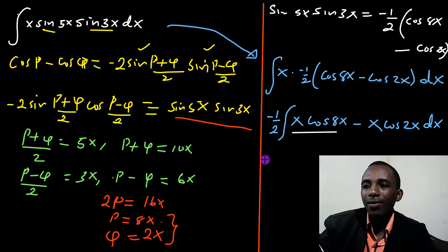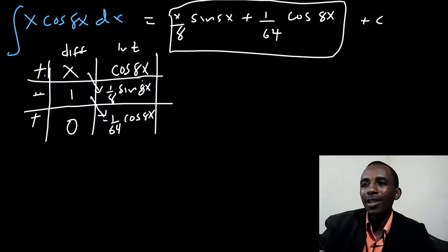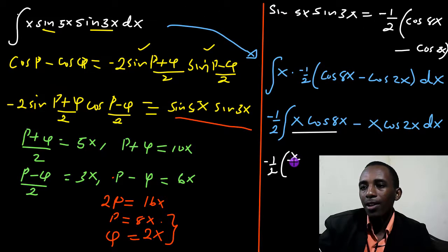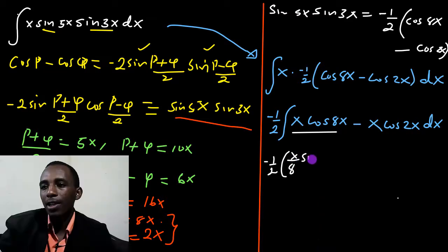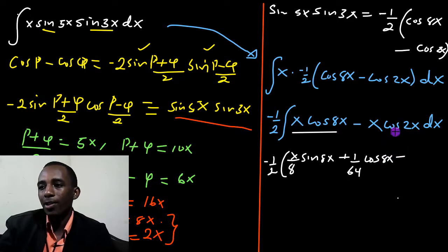So I have my final answer as -1/2 of, okay, what answer did we get here? Just go to the next page and see. That's x/8 sine of 8x, that was plus 1/64 cos of 8x minus, okay, let's also work on this integral, the integral of x cos 2x.